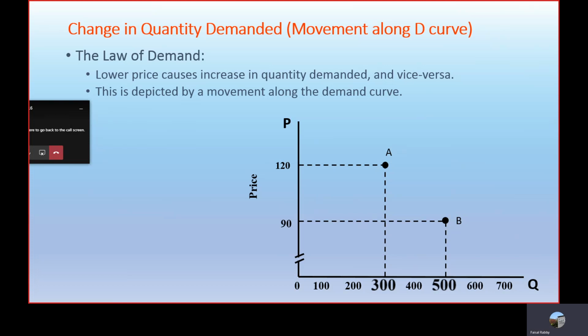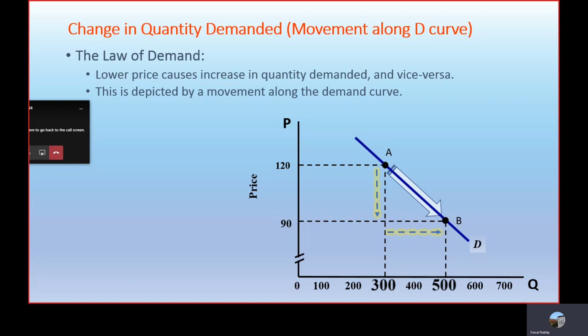And notice that between point A and point B, we have price decreasing and therefore quantity increasing. That's the law of demand.